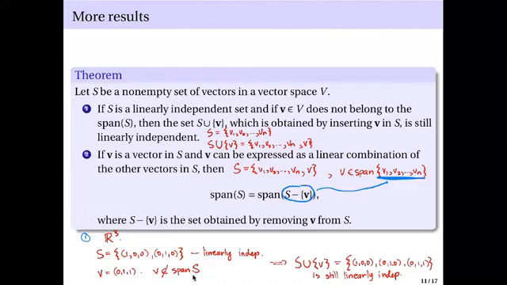Okay? For number 2, let's look at up here. For number 2, still let us use R3. So this time our S, let's take these elements 1, 0, 0. Let's have 0, 1, 0. And then you have here 2, 1, 0.